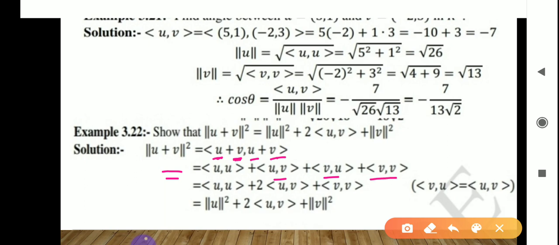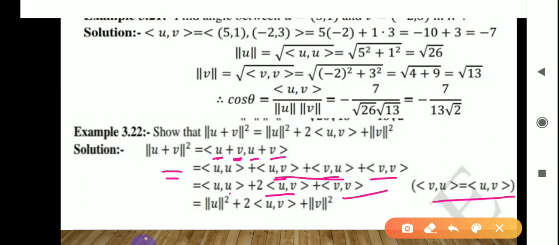But we know that the inner product of u and v equals the inner product of v and u, so if we take that here, then we can write 2 times the inner product of u and v, and the inner product of u comma u and inner product of v comma v as they are.